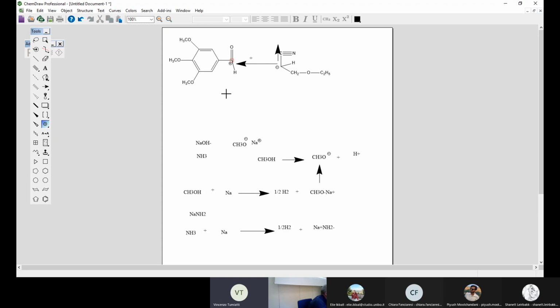It's not so easy in organic chemistry to form a carbon-carbon bond. Why? Because if we want to form a carbon-carbon bond, we need a negative carbon atom able to attack a positive carbon atom. So we have to generate these two species, but in particular, the negative carbon atom.